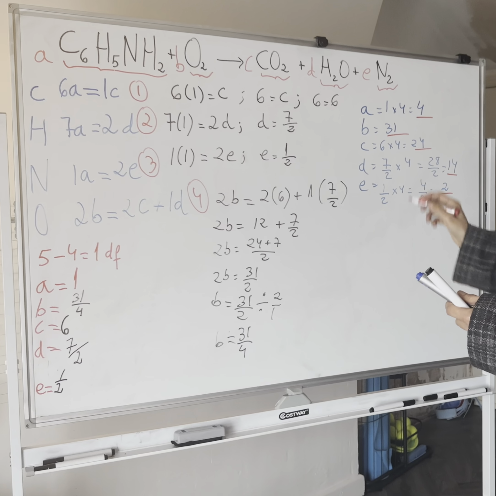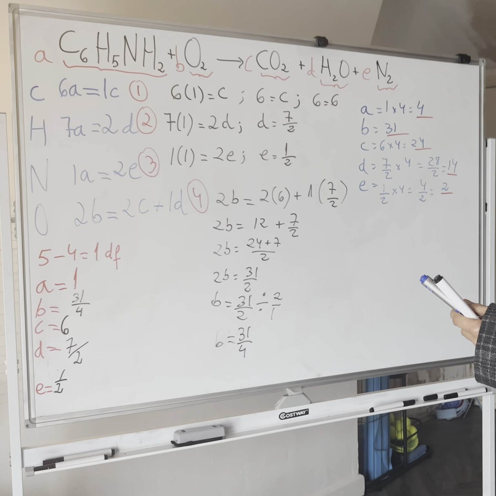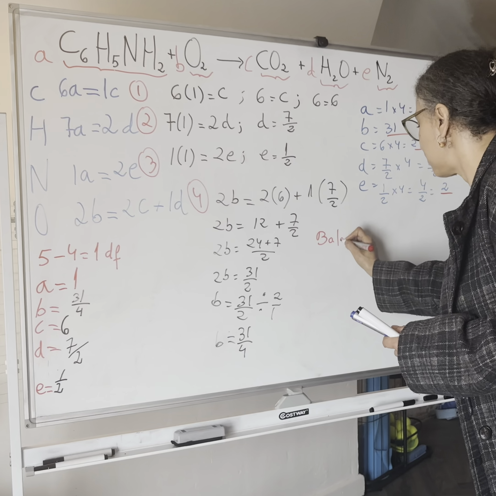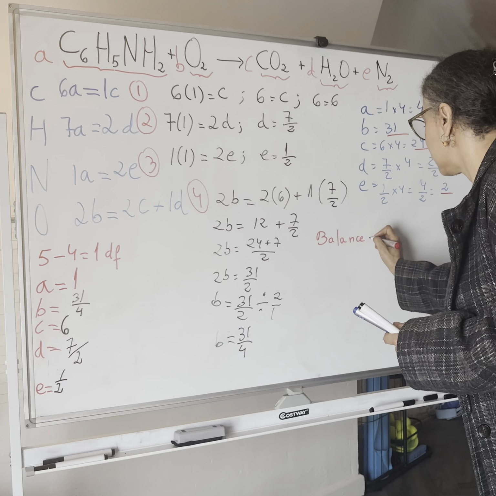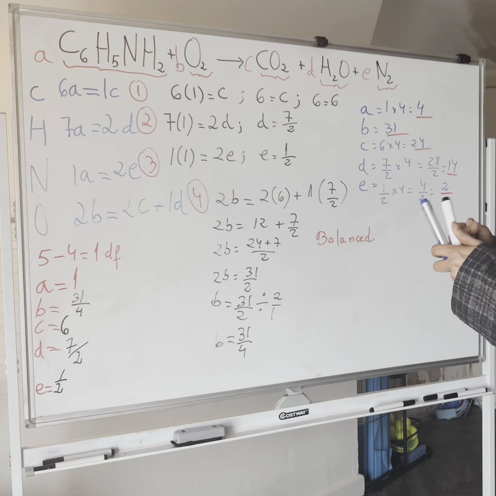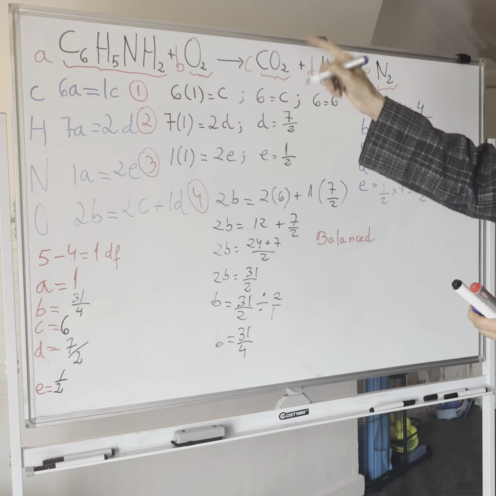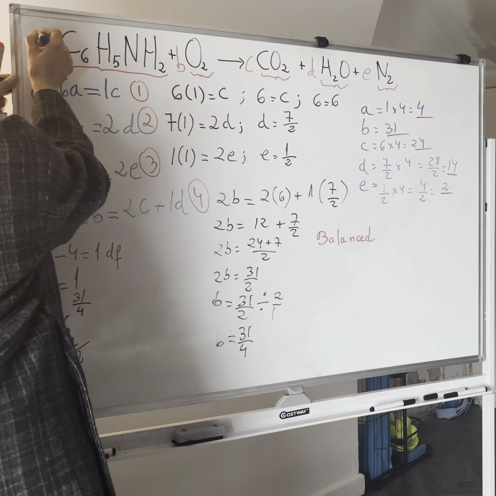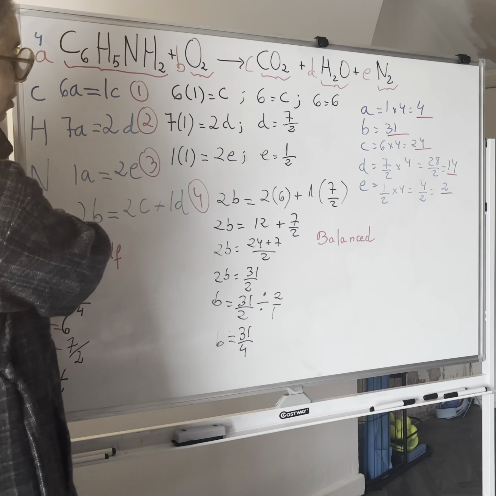Now I'm going to write down balance, because we know that our equation is balanced. If you want, you can still write down the coefficients here so you can see what we did, but I'm not going to delete the variables. If you want to study this, it makes it easier to see.